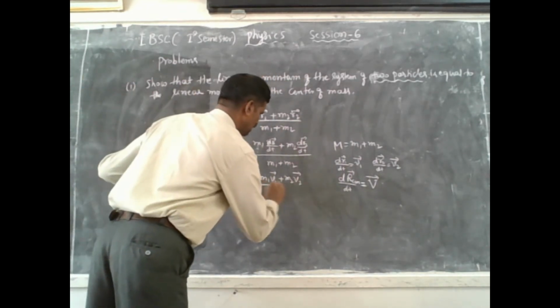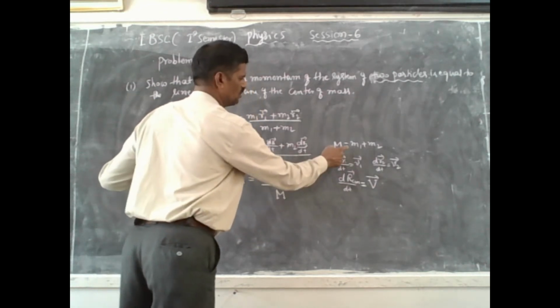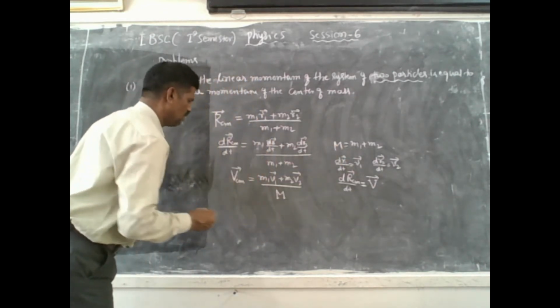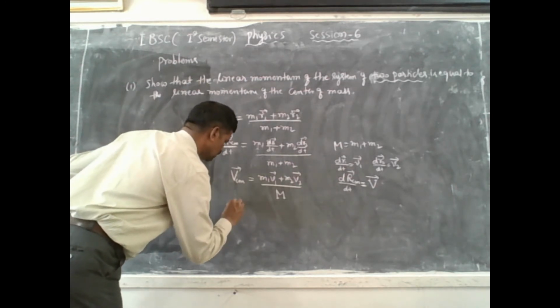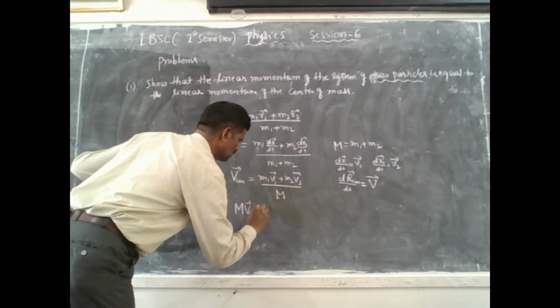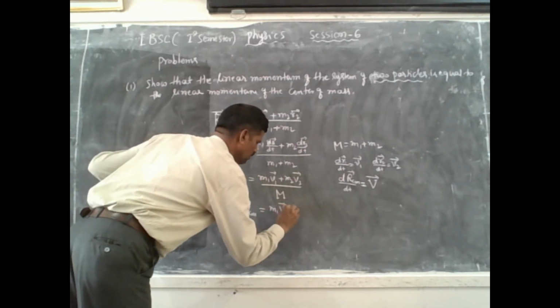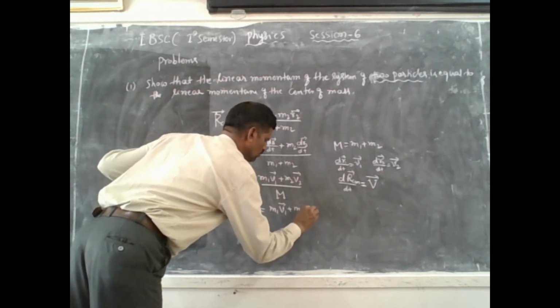Divided by M, because m1 plus m2 is equal to the sum of the masses M. Therefore, M V_CM equals m1 v1 plus m2 v2.